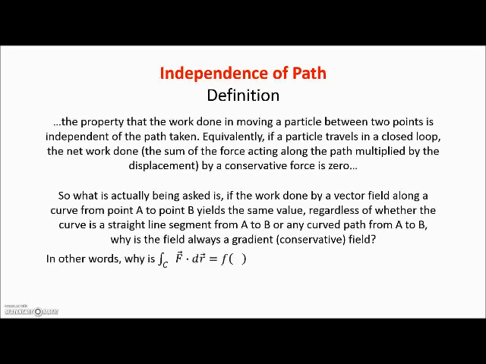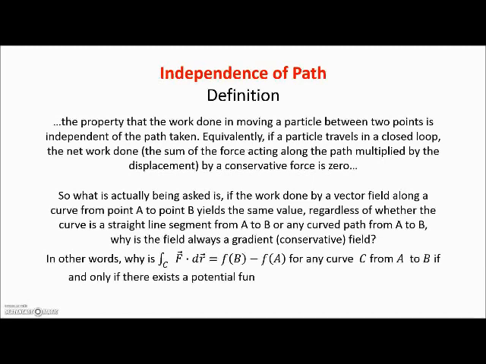In other words, why is the line integral of F dot dr equal to f of B minus f of A for any curve from A to B if and only if there exists a potential function f such that the vector field F is equal to the gradient of f? So that's the question being asked.